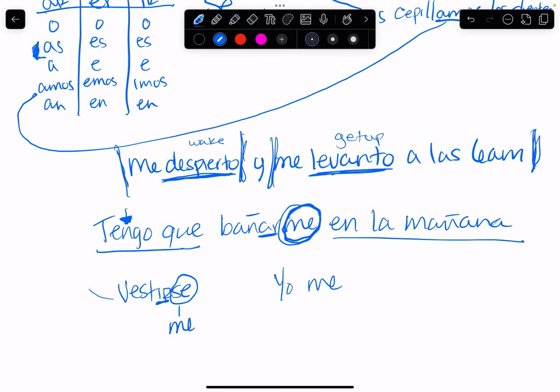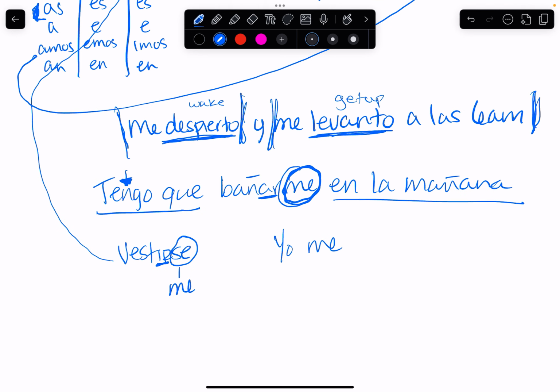I'm trying to go to the yo form. Yo me visto en mi cuarto. That means I get dressed in my room. Visto is conjugated. Me is the reflexive pronoun.